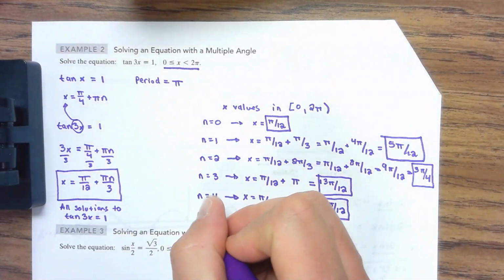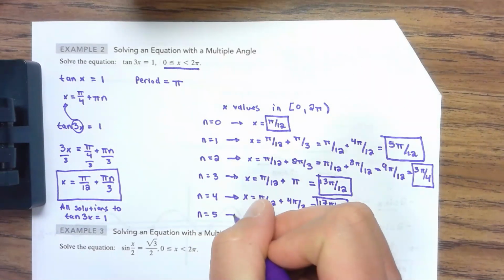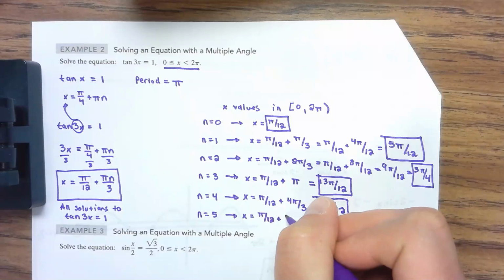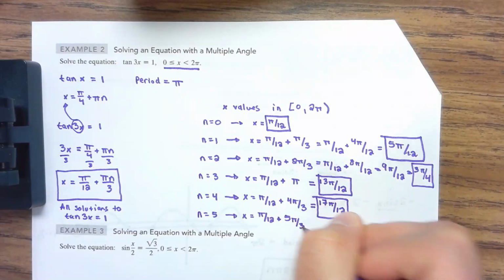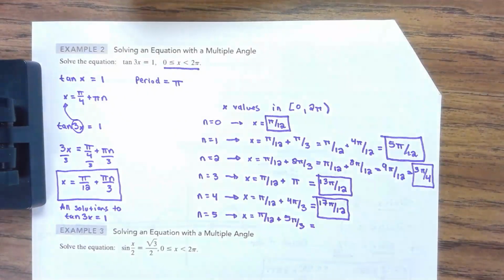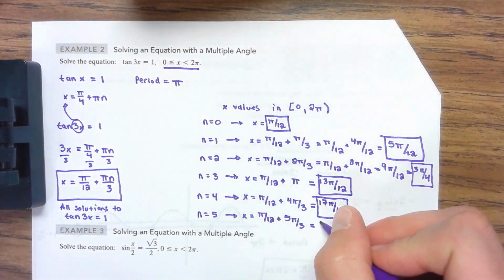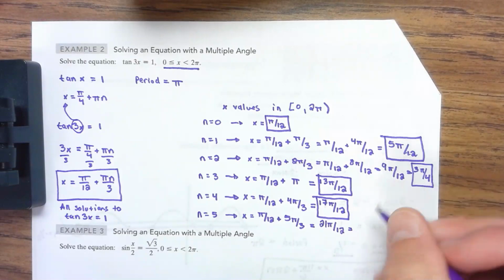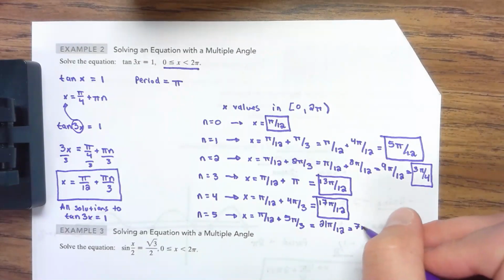So let's do another value, n equals 5, and get x equals pi over 12 plus 5 pi over 3. So that is 21 pi over 12, which I think reduces down to 7 pi over 4.